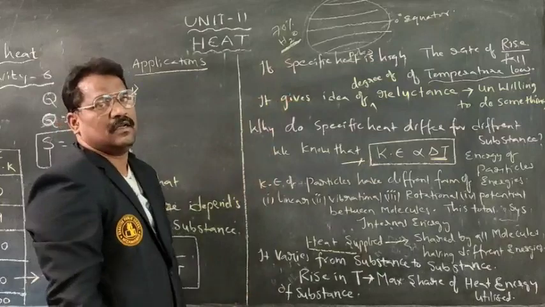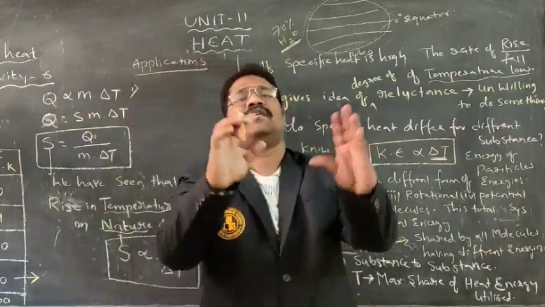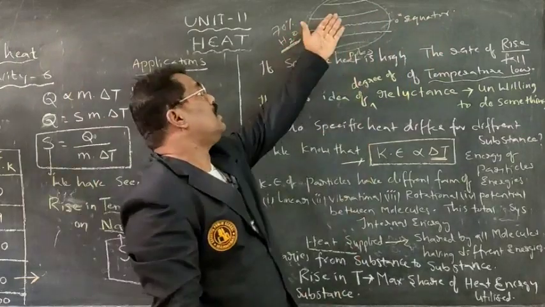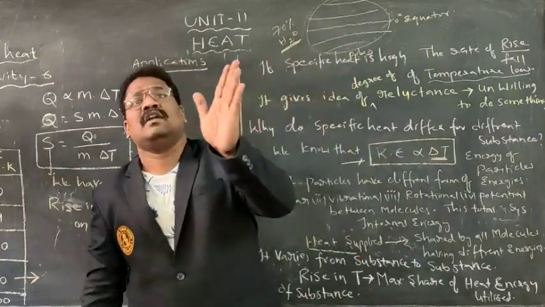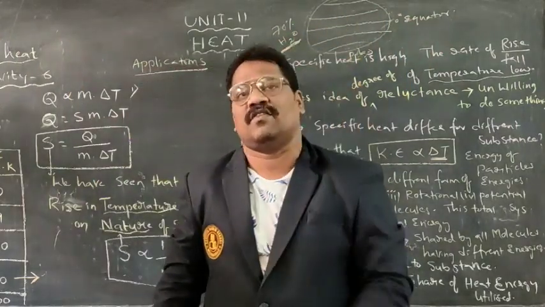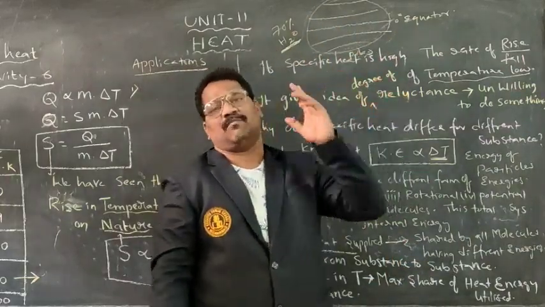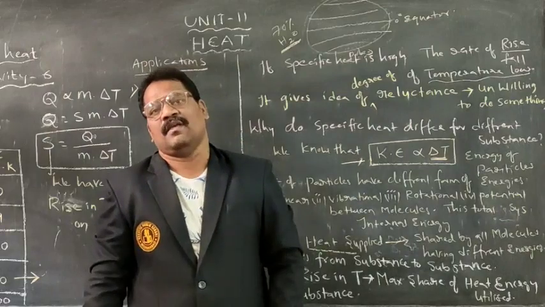First application. If you observe the surface of the earth, the temperature varies at different regions. At the equator high temperature will be there. At the tundra region it will be very cool. Yes or not, children?